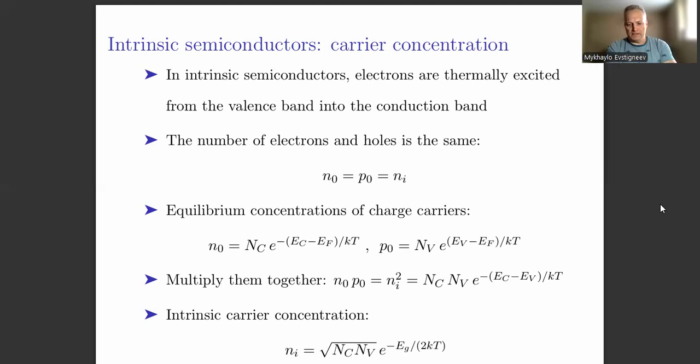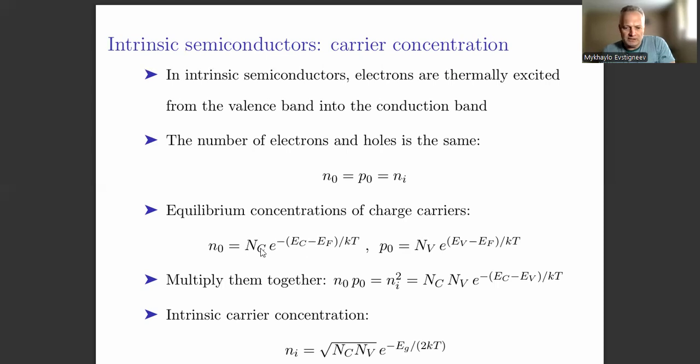Now, how do we find the intrinsic carrier concentration? We start with the general expressions for the electrons and holes that we have derived in the previous lecture. So for electrons, it is the effective density of states, N_C, near the bottom of the conduction band. That is the number of states per unit volume that may or may not be occupied by an electron.